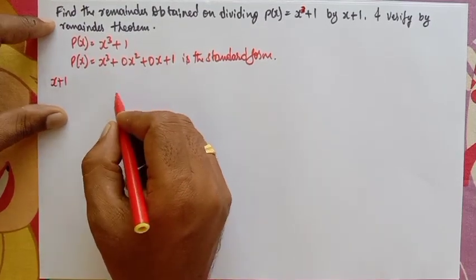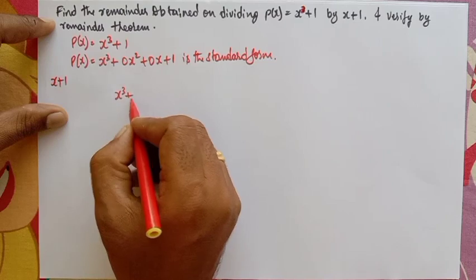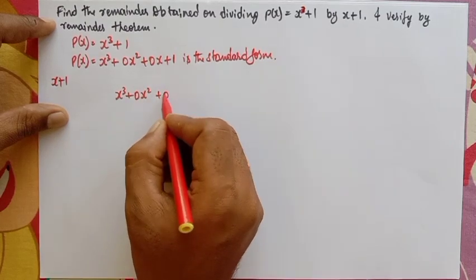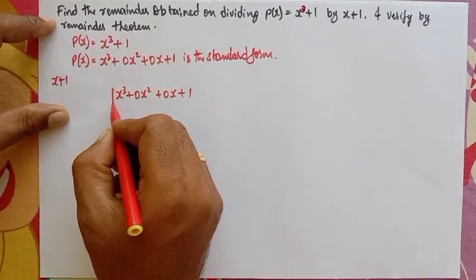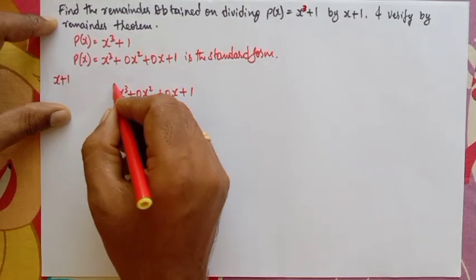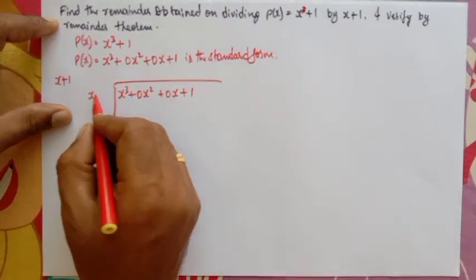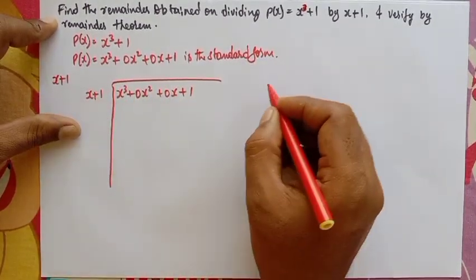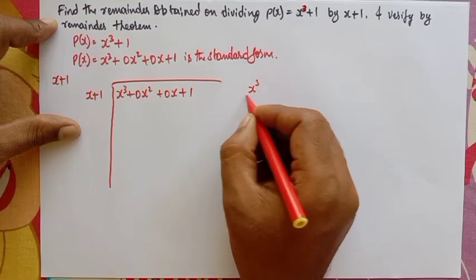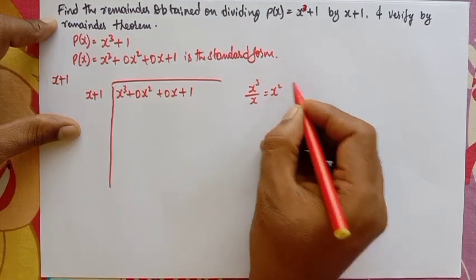So here x cube plus 0x square plus 0x plus 1 divided by x plus 1. So here x cube when divided by x, it fetches us x square.